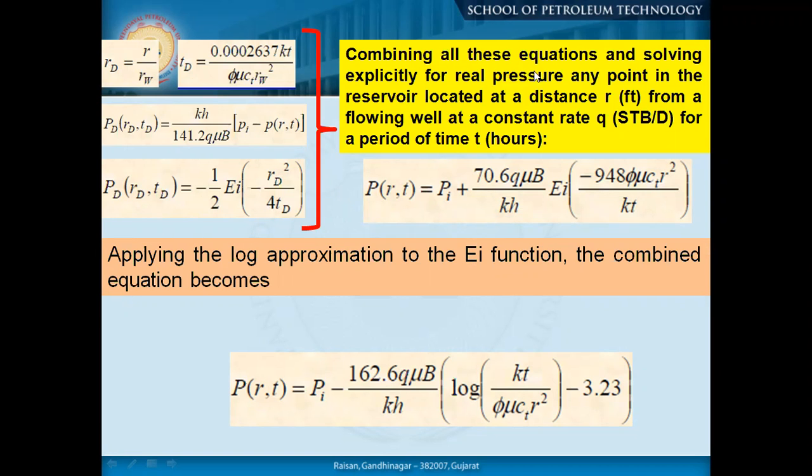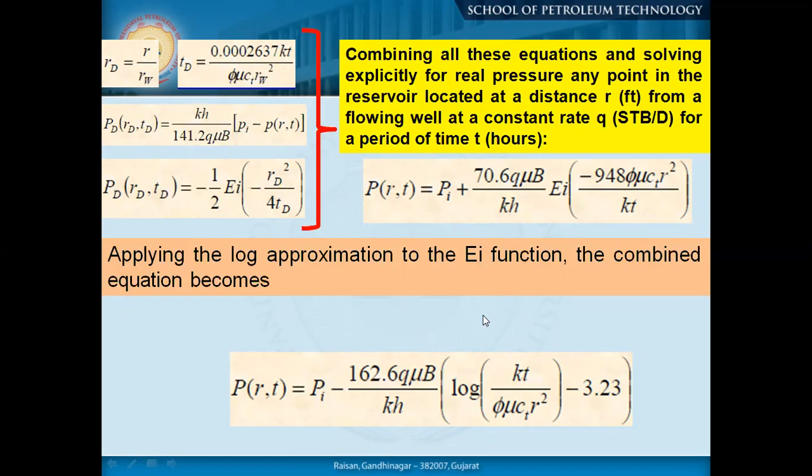So combining all these equations and solving explicitly for real pressure at any point in the reservoir located at the distance r from the flowing well at a constant rate q, this is actually the whole exponential function, and once the value of x is in a specific range, we can use the logarithmic approximation. So this is the mathematics behind it.